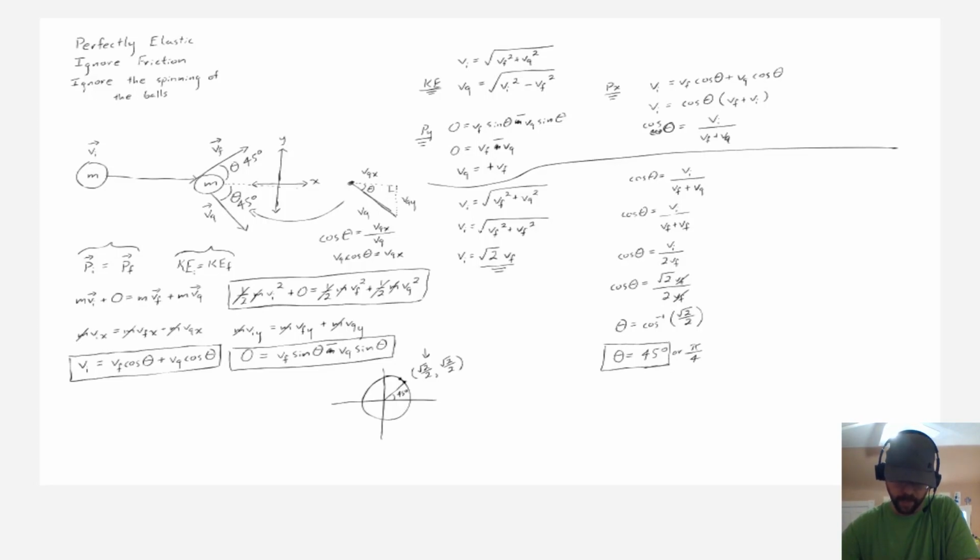So if our masses were different, then the process would have been a little different. What else? The given information, the fact that it was perfectly elastic, that we could ignore friction and ignore the spinning of the balls, all of those things came into play. But with all of those things being true, then the angles here have to both be 45 degrees.